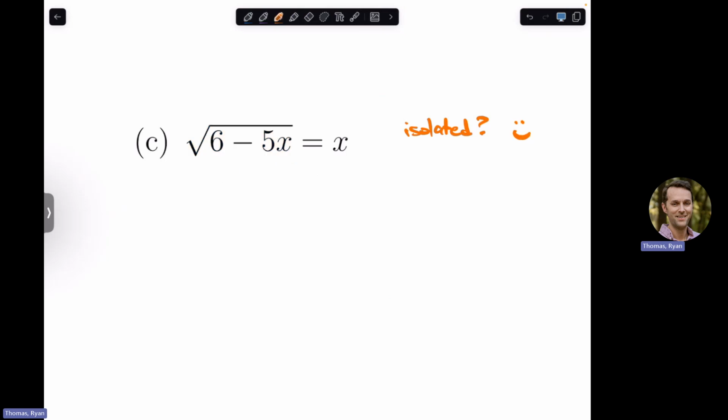Okay, so what do we do to get rid of the square root then? Square. And when we square a square root, we just get the stuff inside. But if I square one side, I got to square the other. So on the other side of the equation, I get x squared.